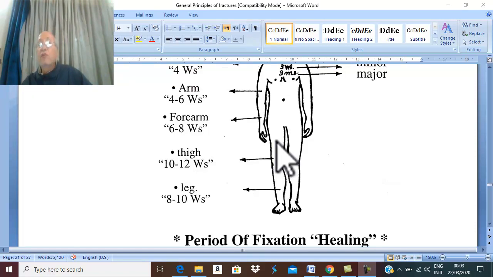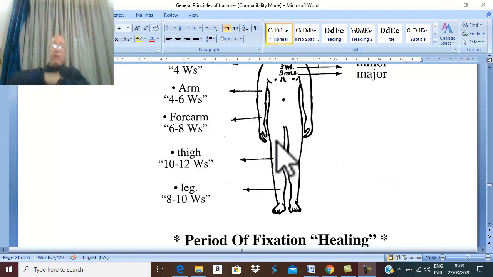What are the rules of application of plaster of Paris? First of all, the limb should be padded with cotton, especially putting a marked amount of cotton on the bony prominence.